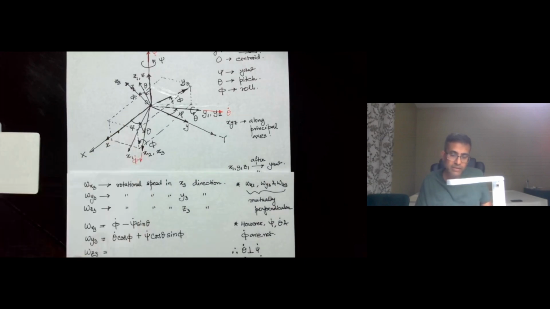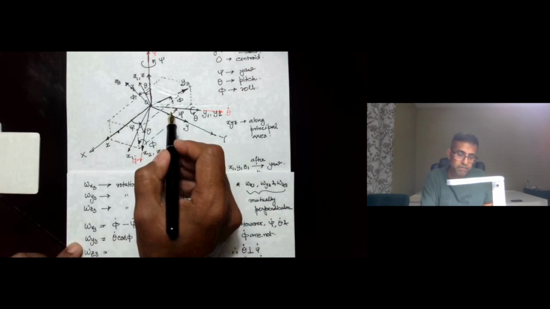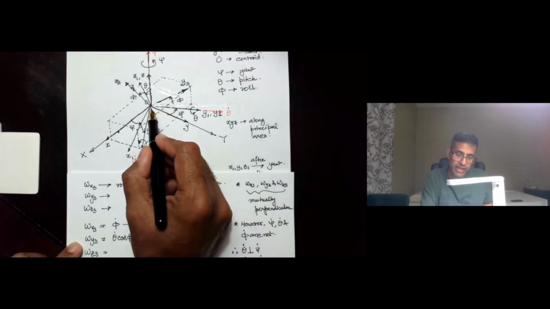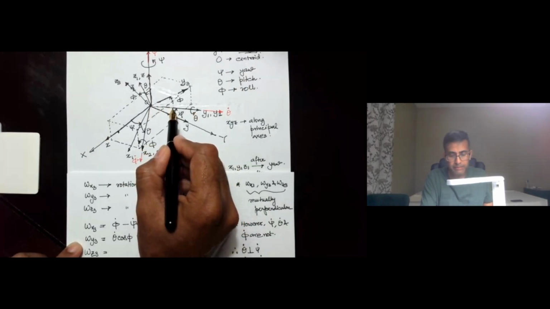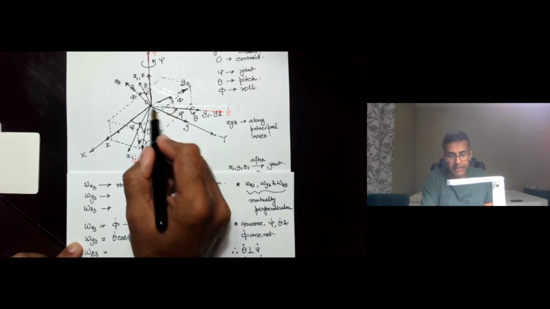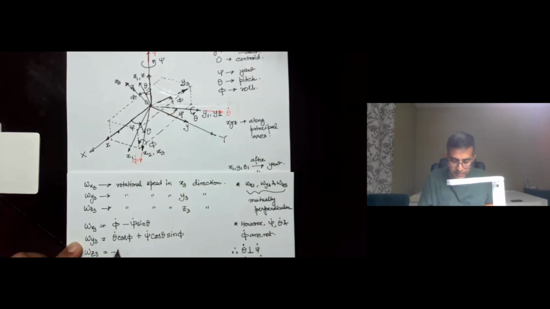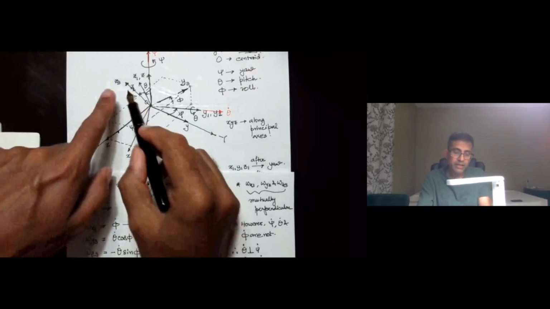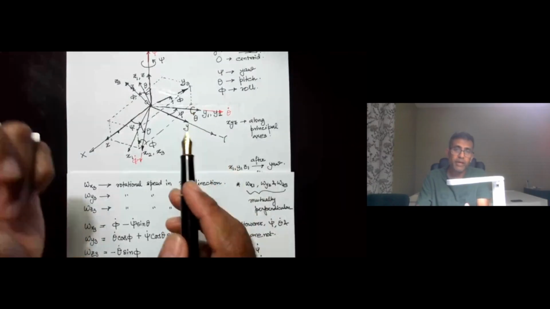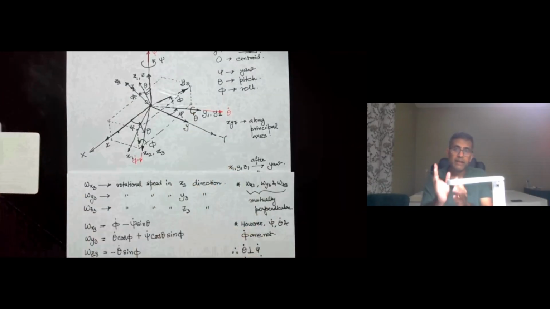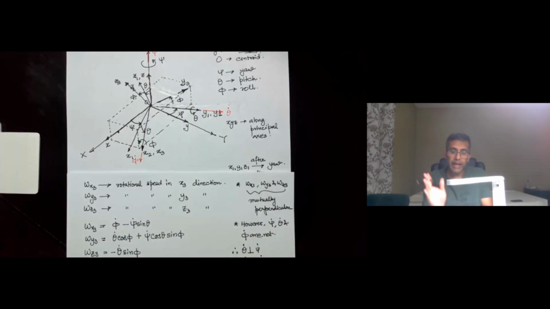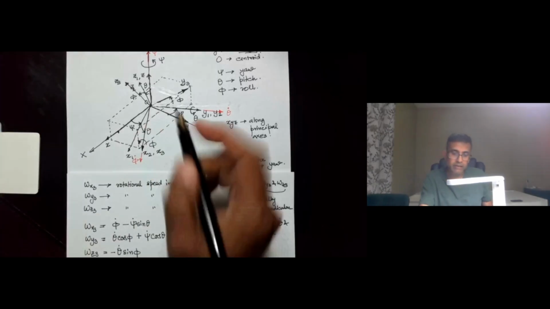So that is going to be the theta dot sine phi, with a negative sign, because here you have z3 y3 forming a right angle, and theta dot is forming an angle of phi outside that right angle.